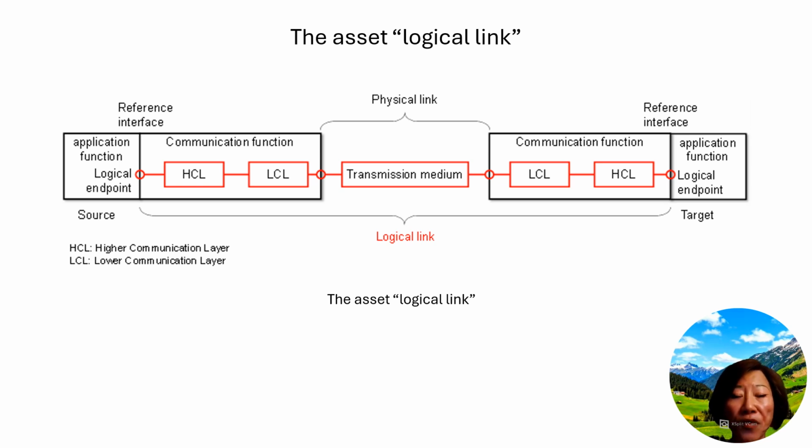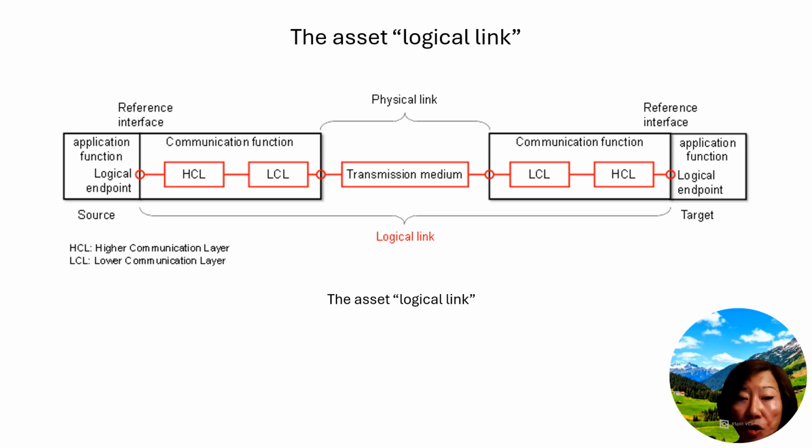The performance of the required function can be impaired by various influences, potentially leading to communication errors. The occurrence of such errors affects the values of the relevant dependability parameters of the logical link. As you can see on this diagram, the logical link is illustrated as an asset, highlighting the essential components and their interactions.